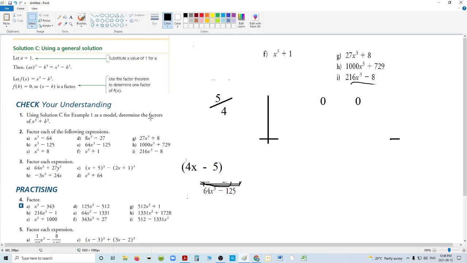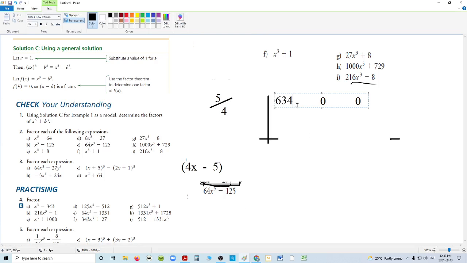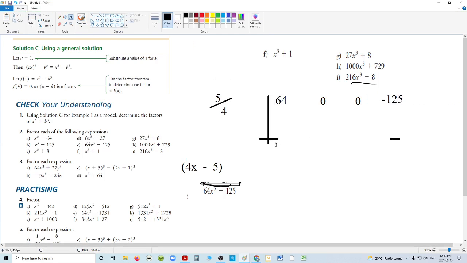Now I have a 0, 0 up here, but what's the number in front here? It's 64. What's the number at the end? Minus 125. So I start by lowering 64, multiplying it by 5 over 4, or if you want, dividing it by 4, which is 16, and multiplying it by 5.